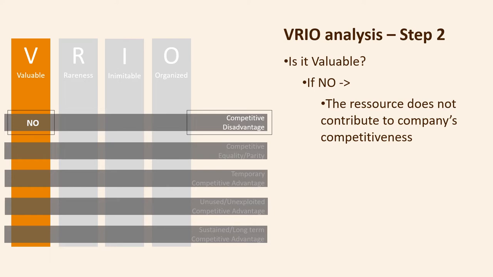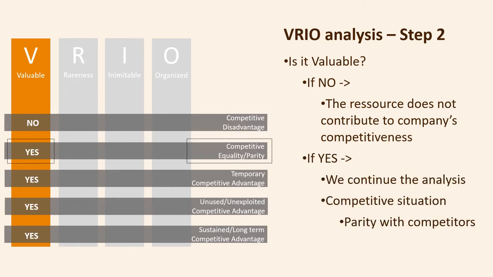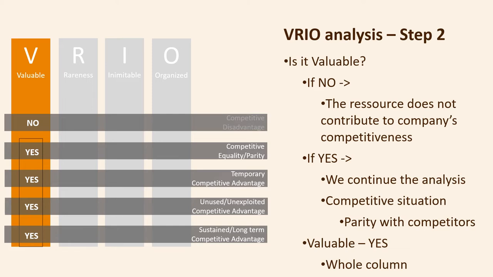The performance of this competence is below standard for the industry. If the resource is judged to be valuable and thus gives a yes, we continue our analysis. We have a competitive parity with competing firms with a yes, and our economic perspective is average. It is essential to understand that when you say yes in the vertical dimension valuable, it is yes throughout the whole column.